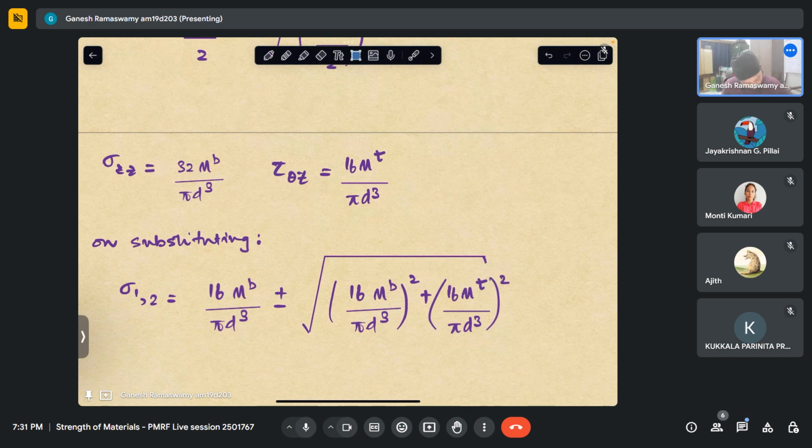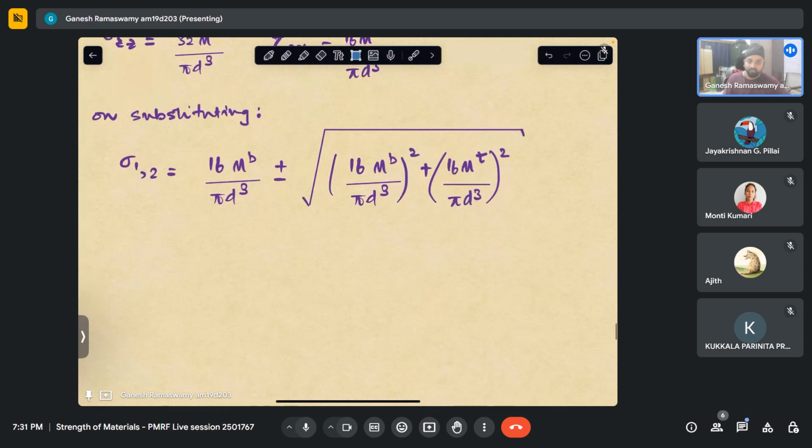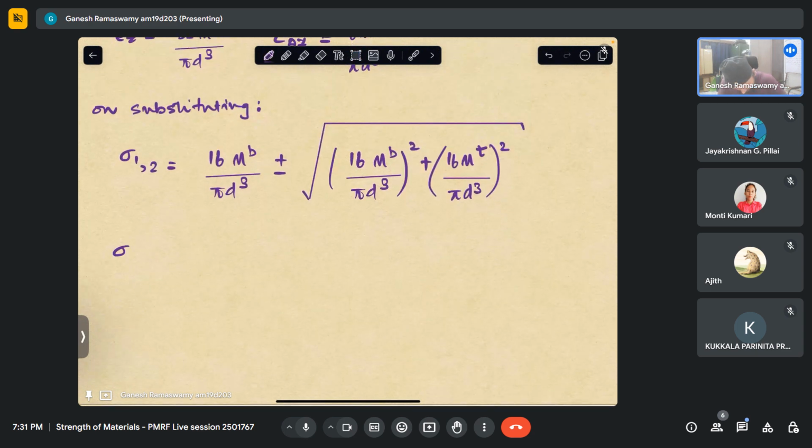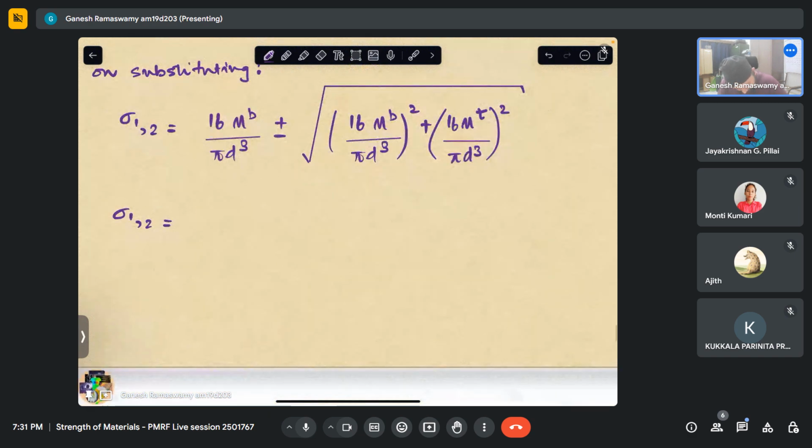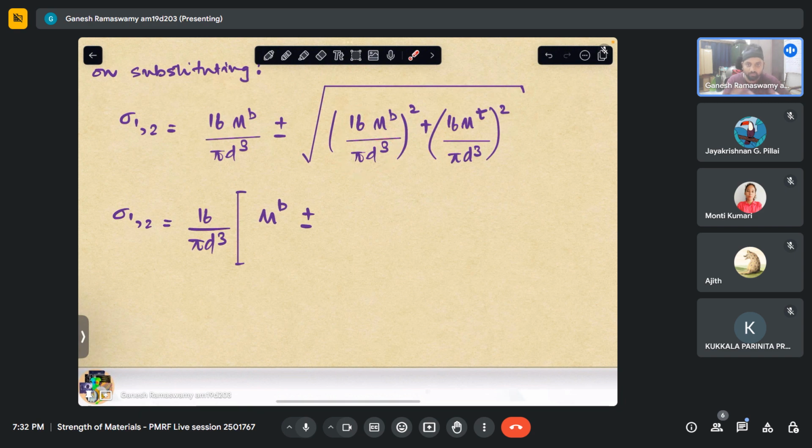Very well. So sigma 1, 2 is, I can take 16 by pi d cubed common. I am left with Mb plus minus, again this quantity is getting squared inside root over, so that comes out again and I've taken that common. This will leave me with Mb squared plus Mt squared.